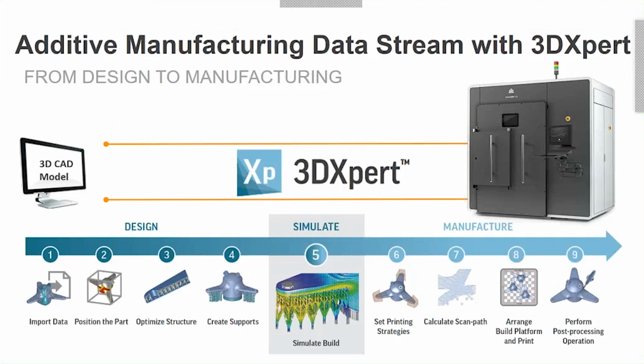It's pretty hard to go back and make edits to your CAD data. In 3DXpert, you can do all of these things in the same environment. So you can jump back and forth. You can jump back into your workflow at any one of these points. I think you can see today we're going to talk about simulation, and that falls somewhere in the middle, in general, for your part prep.